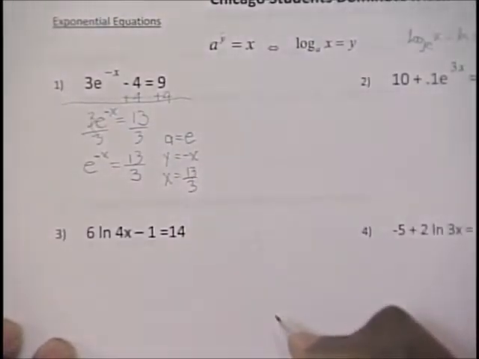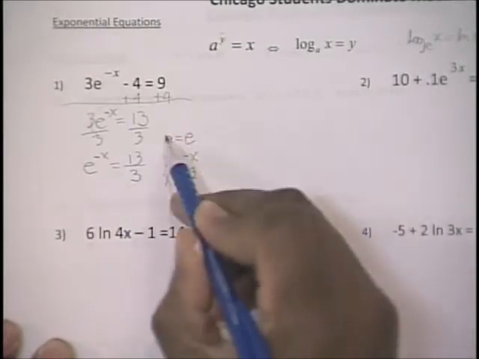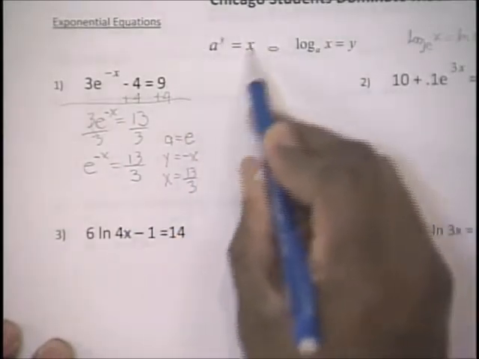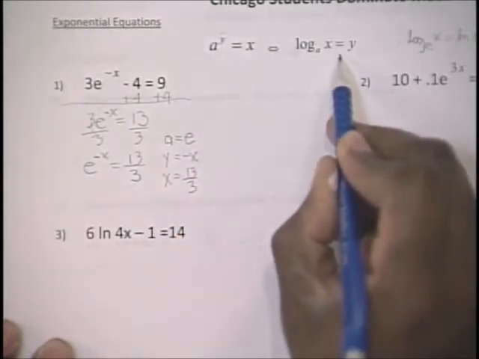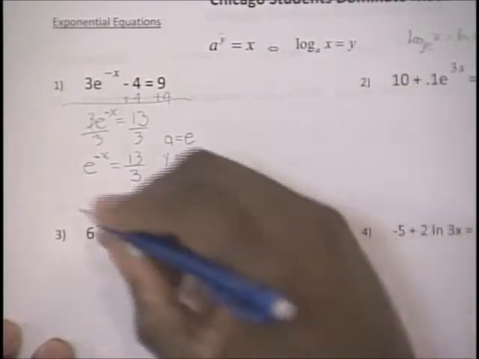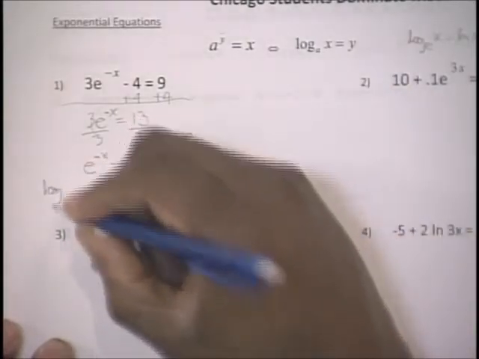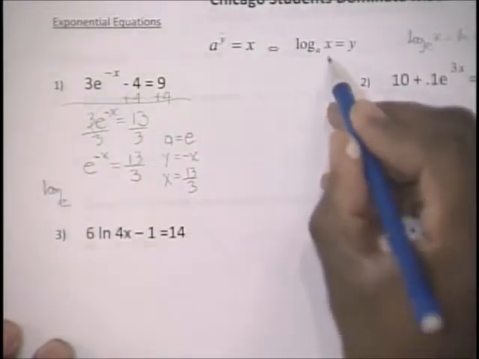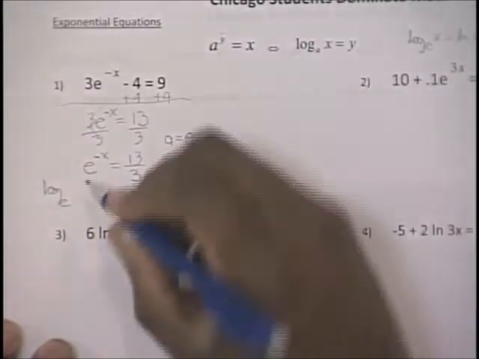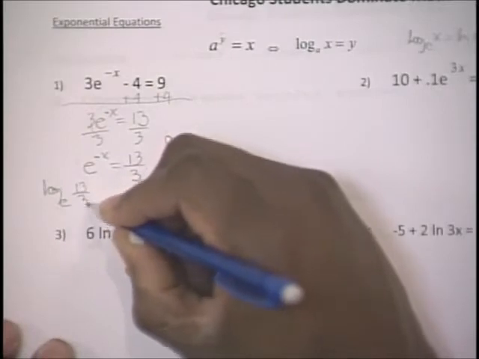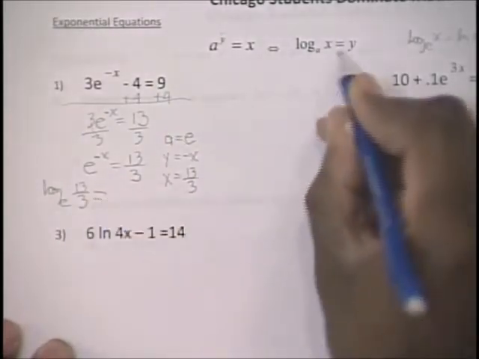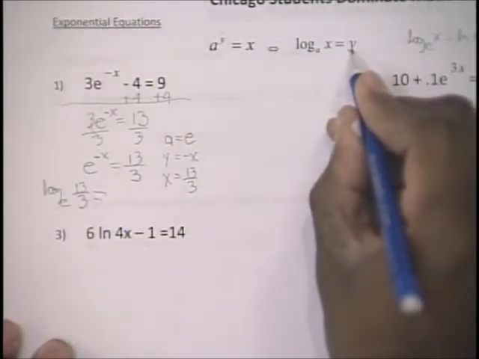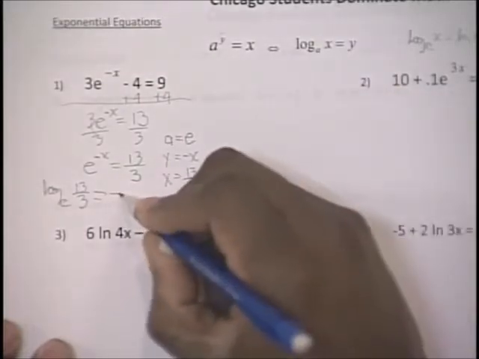So now we're going to take this exponential equation and turn it into a logarithmic equation. So log base a, our a is e, of x, our x is 13 over 3, is equal to y. And our y is negative x.